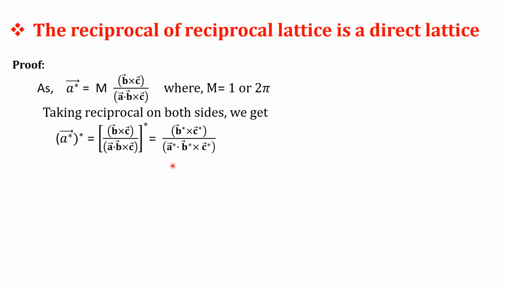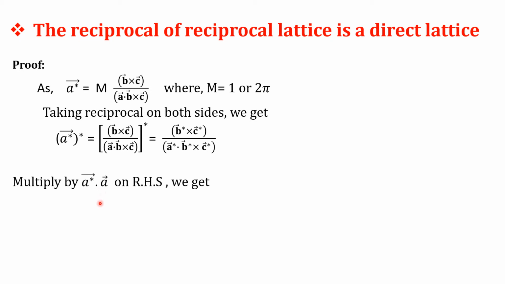That term we simplify by using the identity. As you know, vector A star dot vector A is always 1. Since A star dot A is 1, instead of 1, we multiply the RHS by this term.